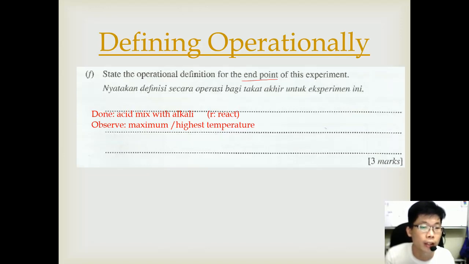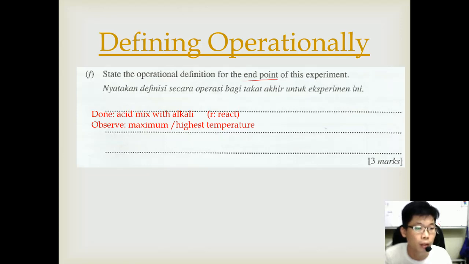So reject the word react. Do not use the word react. Normally we use action words like put, add, mix, and so on. What you observe is the highest or maximum temperature achieved, which is the endpoint of this experiment. So you can combine these two.